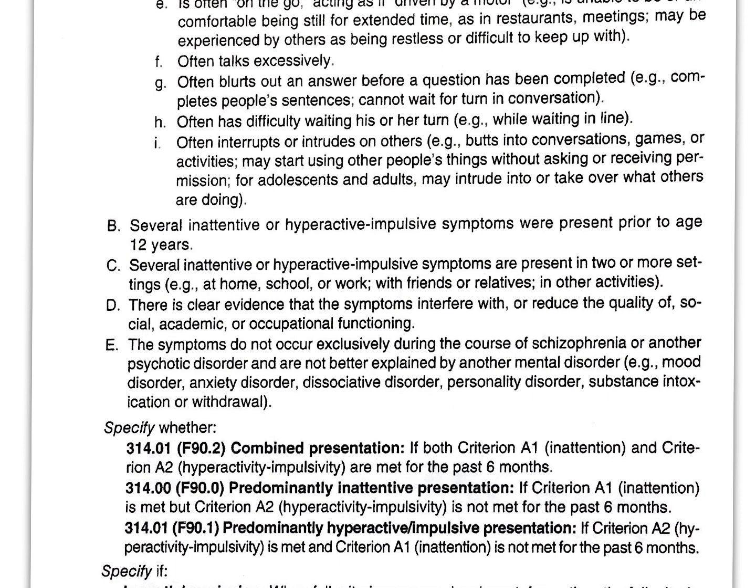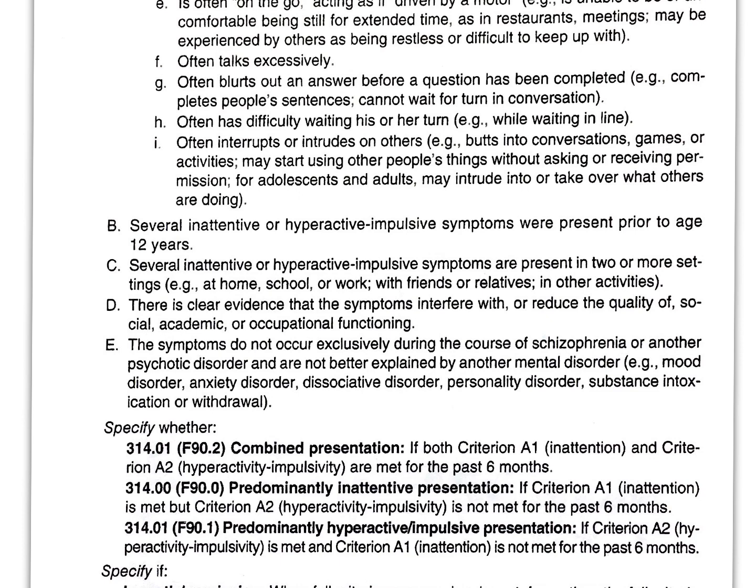So this is a major issue, particularly when you encounter adults who might claim or profess to have ADHD, is that according to the DSM, in order for this to be really ADHD, it would need to be present before the age of 12. There's got to be a history there.